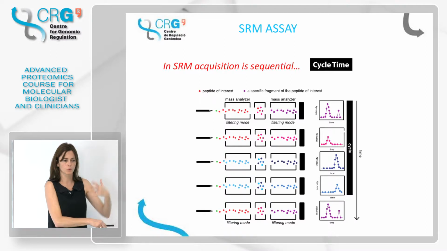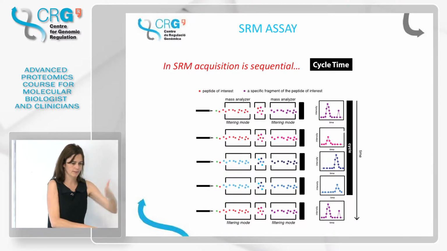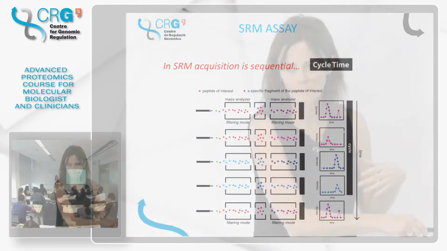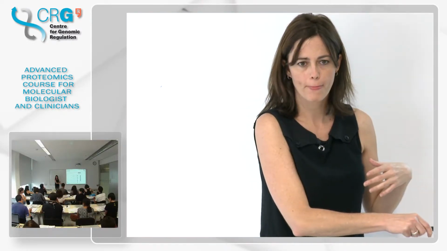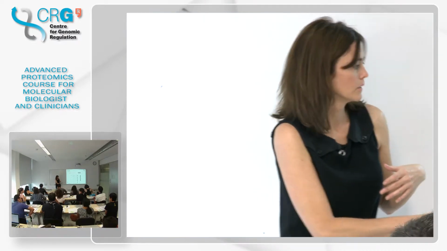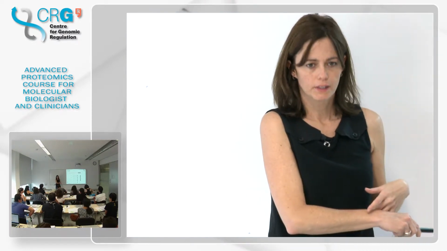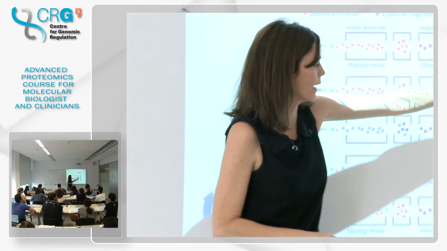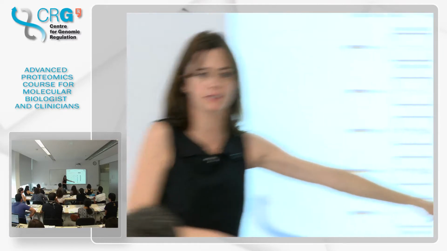So the time that we spend sampling all these different things is our cycle time. If you have 20 transitions or 50, cycle times are very big. So this second point here would come after measuring the rest of the things in our cycle time, and then we go back.